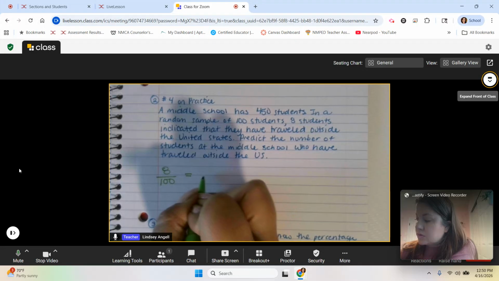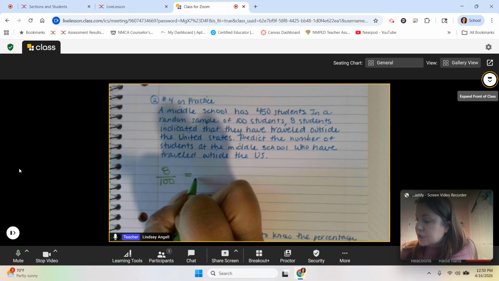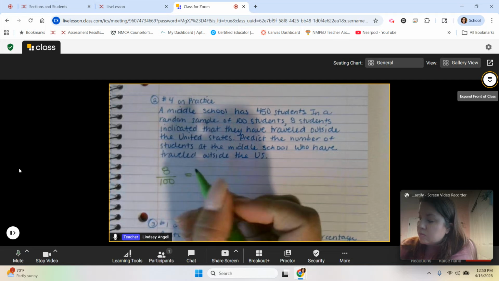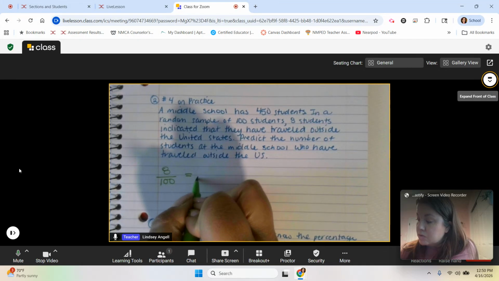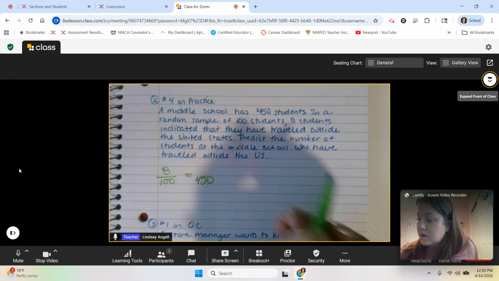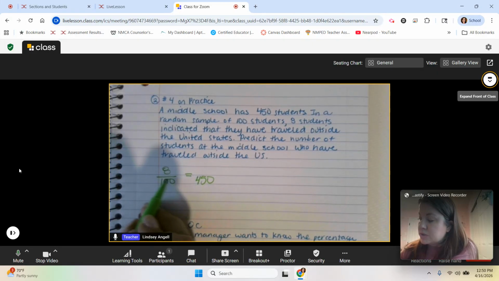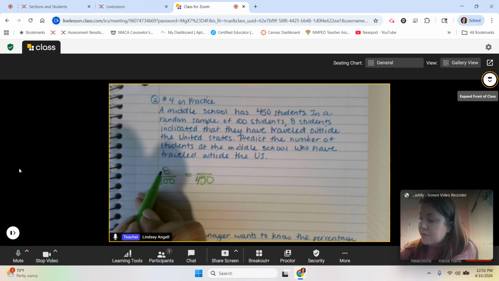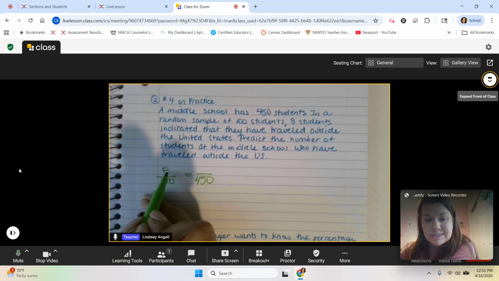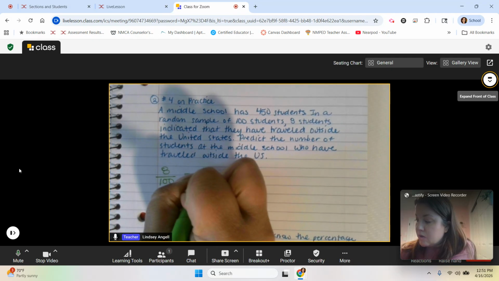Well, we can use a proportion to help us figure out how many that would be in the whole school. So the whole school is 450. This is the total sample, and this is the total number in the school. On the top of each of my ratios, I've got the people who have traveled outside of the United States, and that's what we're looking for over here.